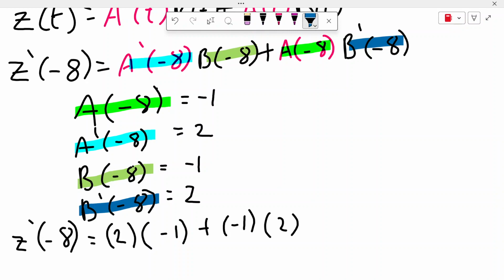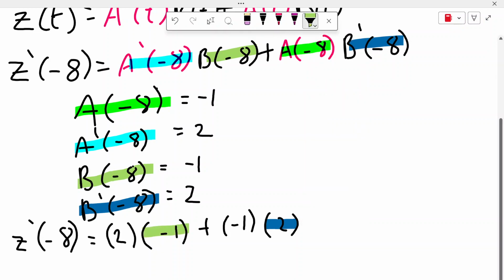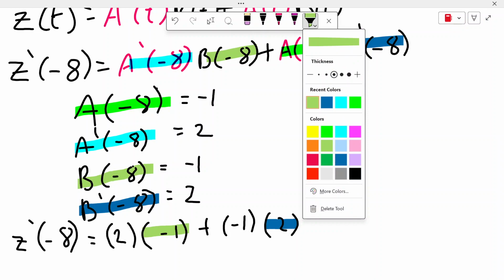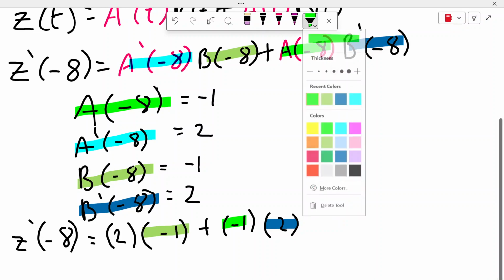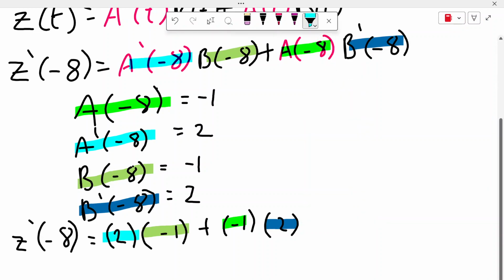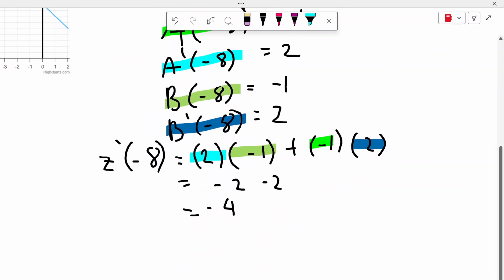And if I color code everything for us, you can see it works out like this. All right, and getting to a final answer would mean minus 2, which is equal to minus 4, and that is your answer here. That all of this is equal to minus 4.